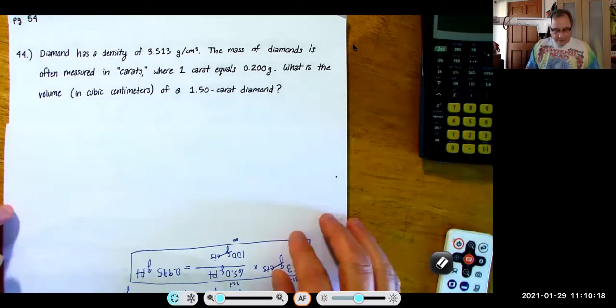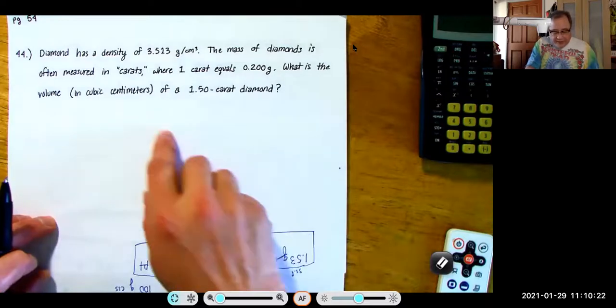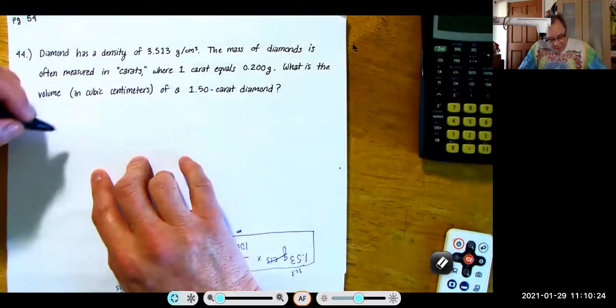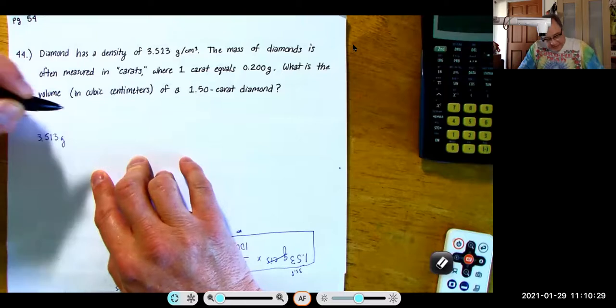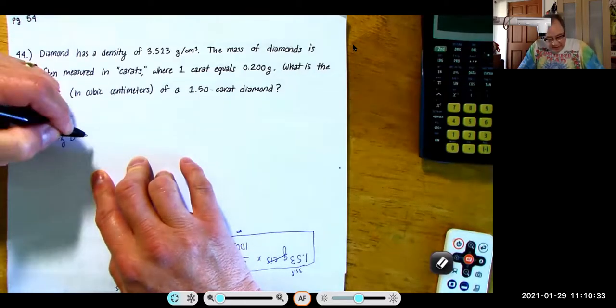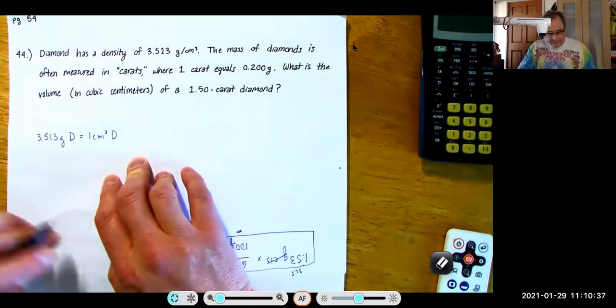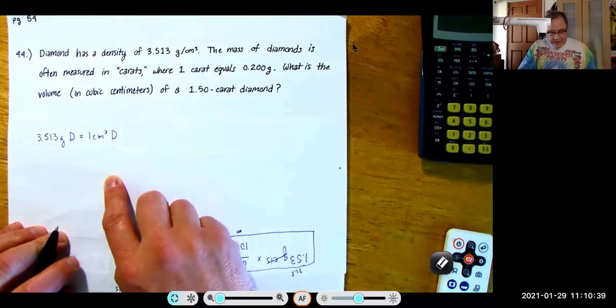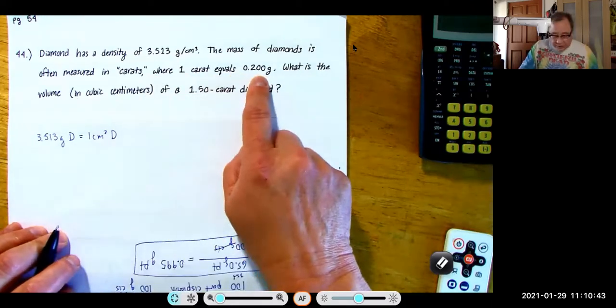Okay. So how I might start this one is with the density here, where I put 3.513 grams of diamond. So I'm going to put a D here for diamond, is equal to 1 centimeter cubed of diamond. And next it says where 1 carat equals 0.200 grams.